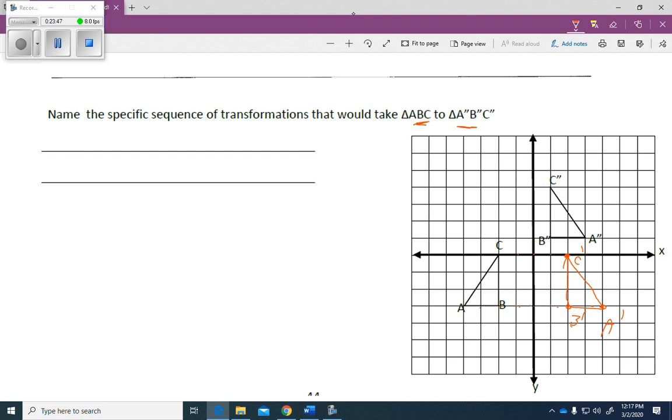The only thing I have to do is translate. So let me write this down first. I reflect over the y-axis. And then I want to go 1 unit left and 1, 2, 3, 4 up. Translate 1 unit left and 4 units up.